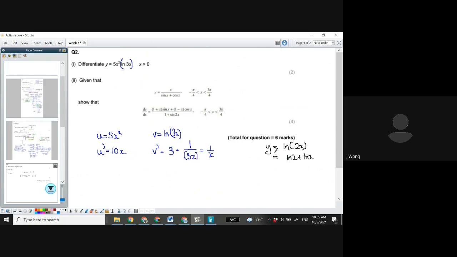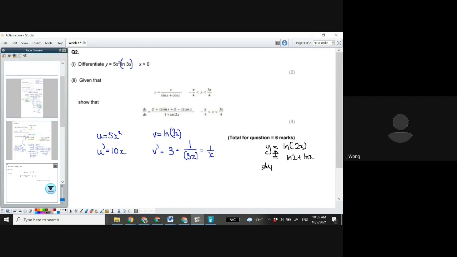We are always very good at going backwards from here, combining logarithms, but not necessarily the other way around when we're trying to expand. So ln of 2x, if you rewrite it as several logarithm terms, could be ln 2 plus ln x.